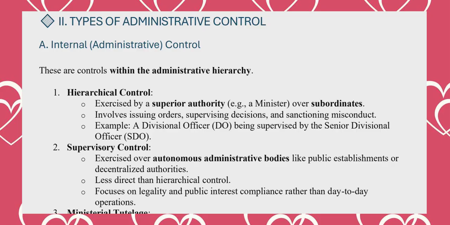So when the authority being controlled has a certain degree of autonomy, then another person higher than that person, from a different institution within the administration, comes to interfere in matters that are above that administrator. We call it supervisory control.